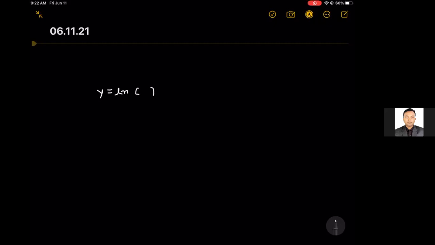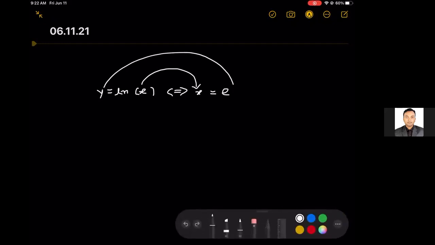And our law says whenever we have y equals natural log of something, let's say x, you can rewrite it as this guy here, x, equals e to the this. Oh, sorry, I should use this arrow.